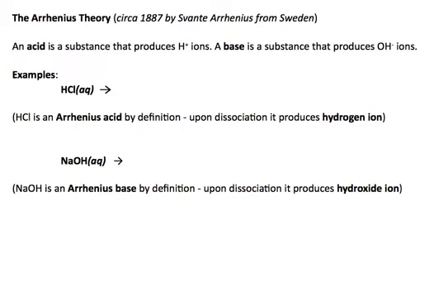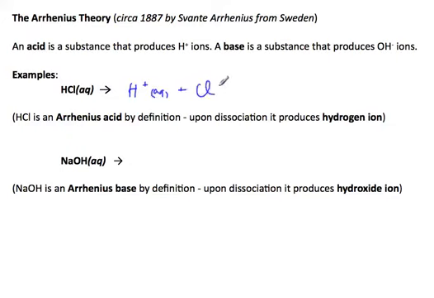The Arrhenius theory, then, a pretty straightforward theory. An acid is defined as a substance that produces hydrogen ions, H+. A base, on the other hand, is a substance that produces hydroxide ions. So, for example, hydrochloric acid, obviously an acid because of its name, but here's what it would look like as a dissociation of that acid.